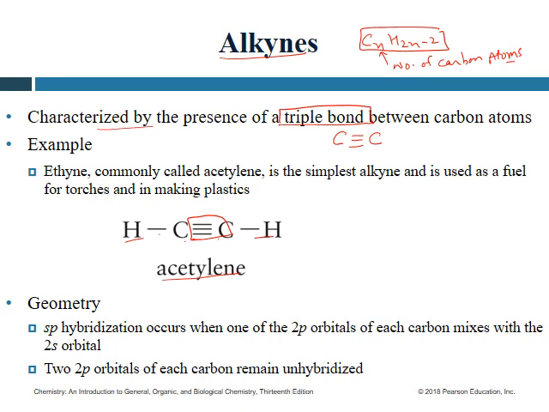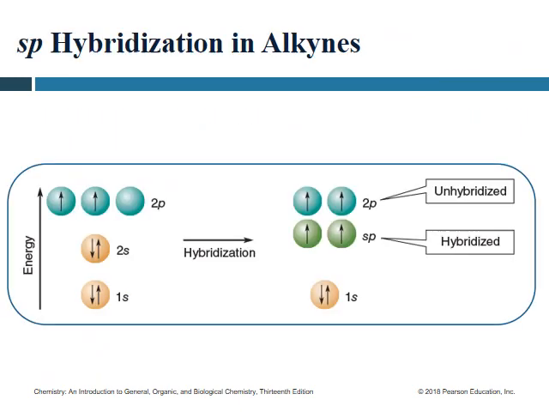Now let's talk about the geometry of acetylene. Again we're gonna use the same rule of orbital diagram. In acetylene and alkynes, carbon is sp hybridized. What does it mean? The electron from the 2s orbital moves to the 2p orbital, and out of the 1s orbital and 3p orbitals, when they mix, they just mix 1p and 1s.